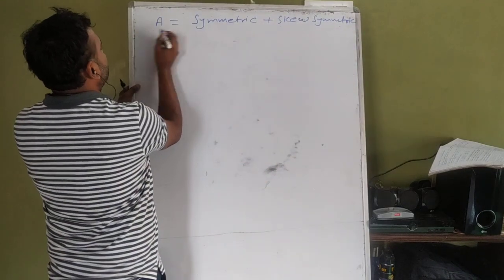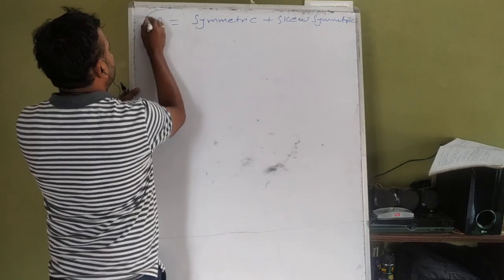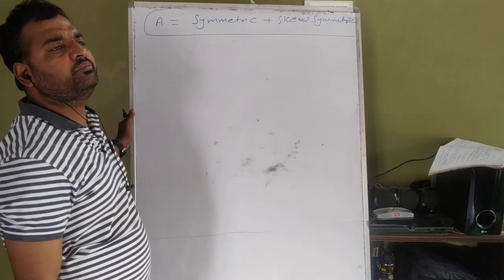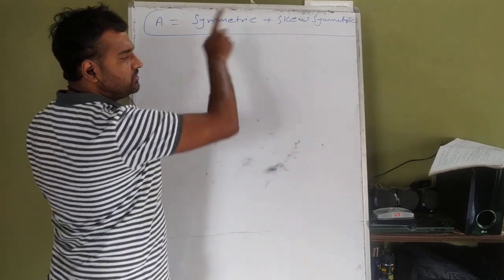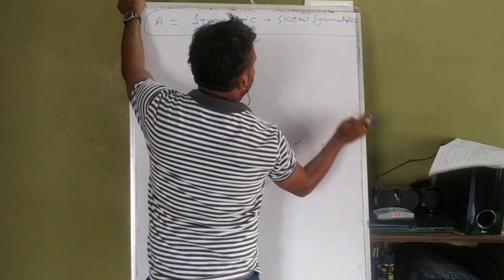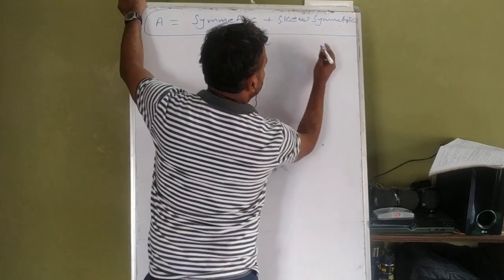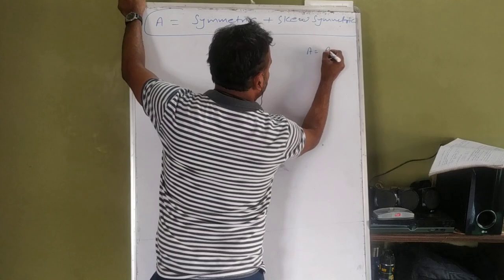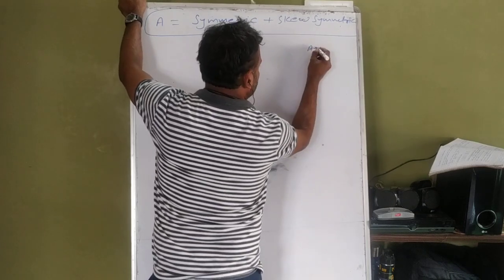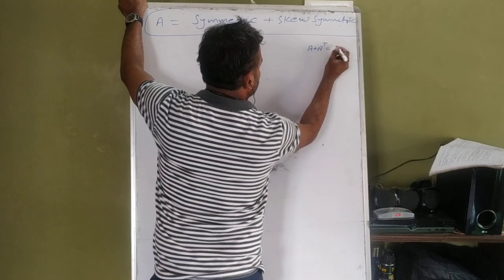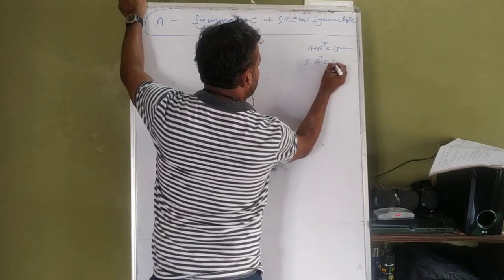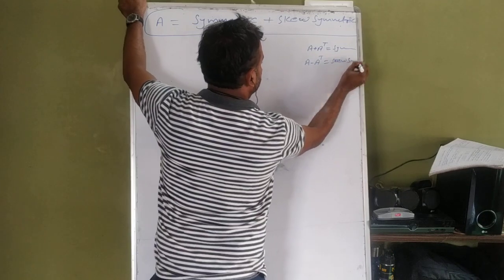We prove that every square matrix can be written as the sum of symmetric and skew symmetric matrix. What we have discussed previously: for a square matrix A, A plus A transpose is symmetric, and A minus A transpose is skew symmetric.